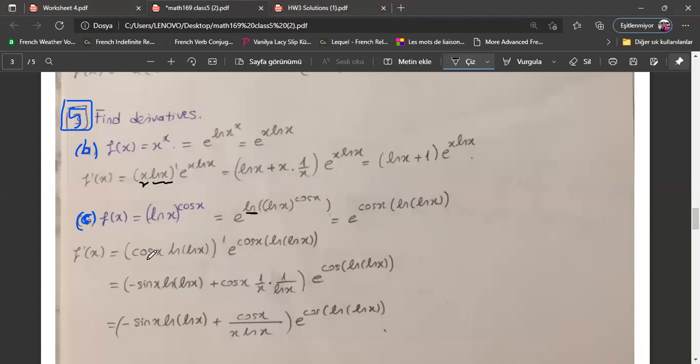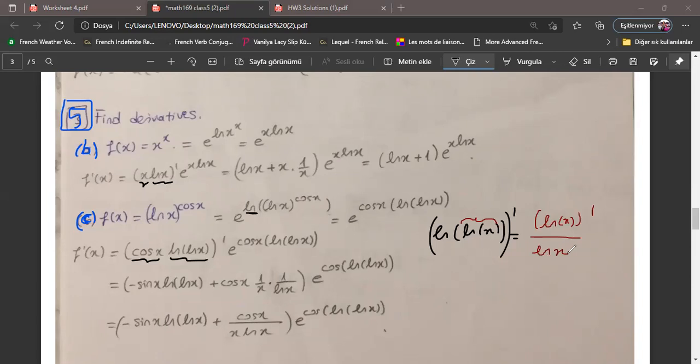So we have a product. First one's derivative is minus sine x times the second one, plus the first one times the second one's derivative. So what do we have? We have this one's derivative over ln of x, right? ln of x's derivative over ln of x, which gives 1 over x.